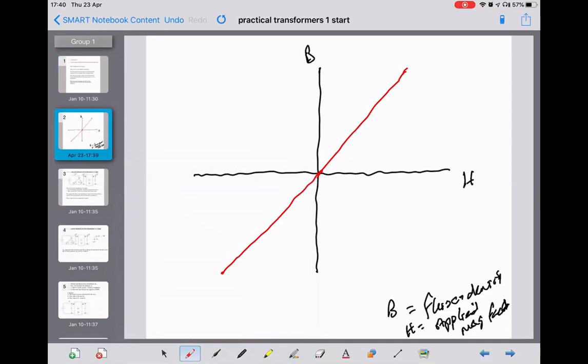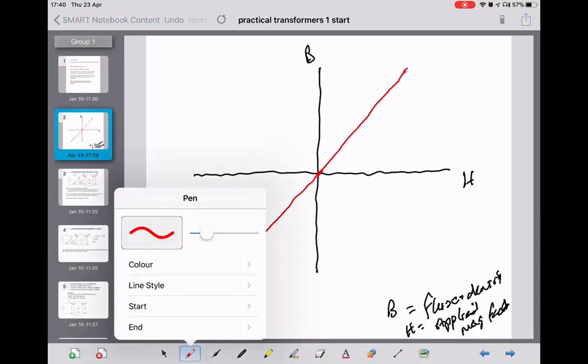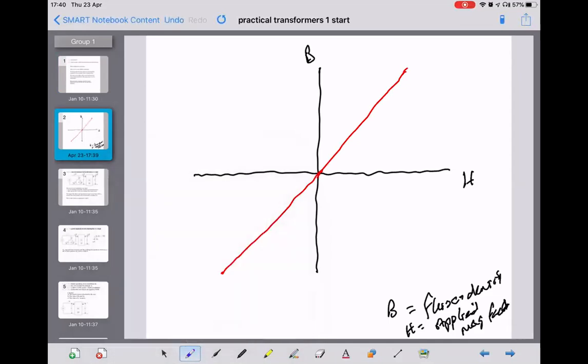In reality, with a real transformer, from zero we apply our first positive cycle, and it builds up until it saturates.